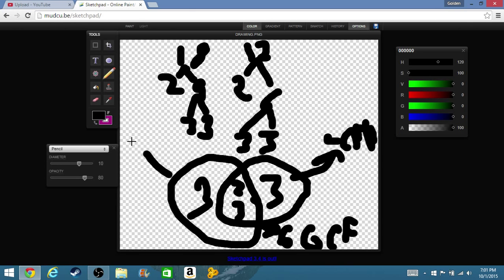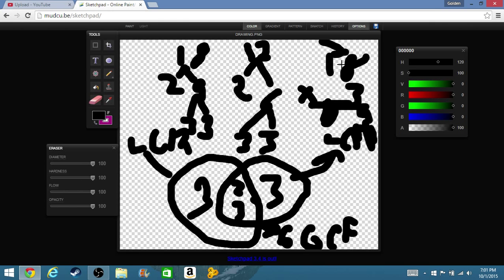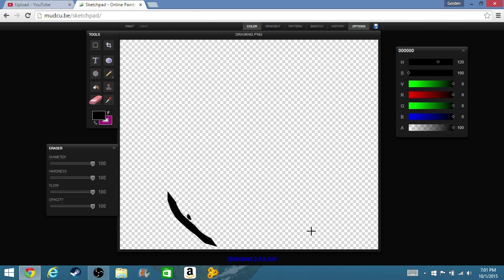So let's multiply it. 2 times 3 is 6. 6 times 3 is 18. 18 times 3 is 54. That is what it looks like. 54 is going to be our LCM.